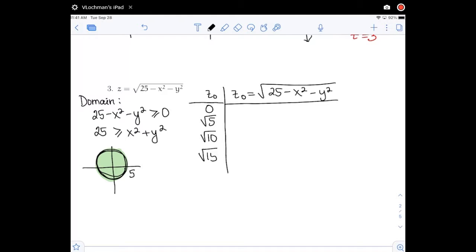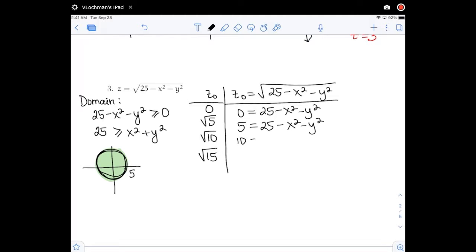Okay, now remember, we want to get the idea of what this looks like, right? So we want to see the pattern. So I encourage you to pick numbers that work out nicely. Okay, so now I'm going to set this up. The first one is going to be 0 equals 25 minus x squared minus y squared.